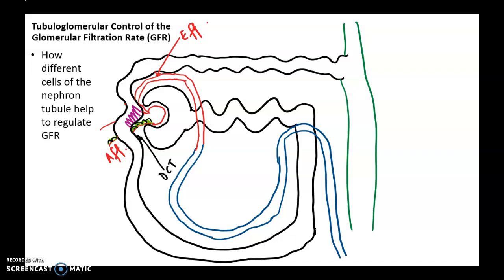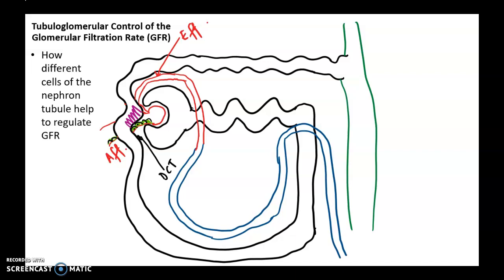Okay. So right here, we do see the nephron, right? We do see the different parts of the nephron. I'm not labeling it because we already studied this. So you see the Bowman's capsule, proximal convoluted tubule, nephron loop, and the distal convoluted tubule.